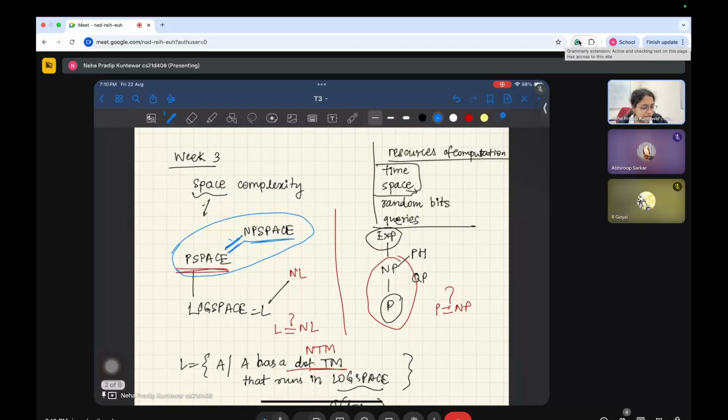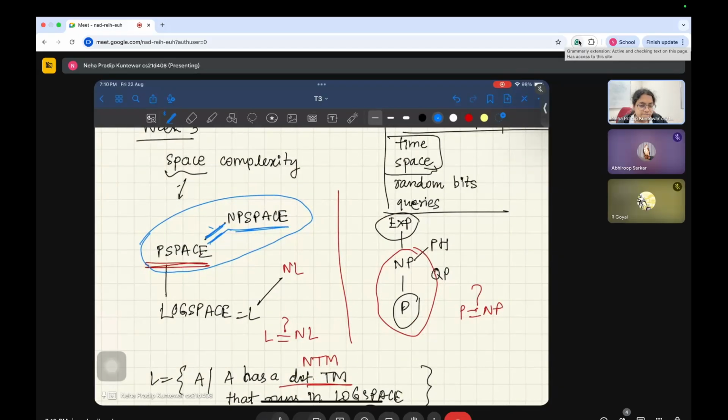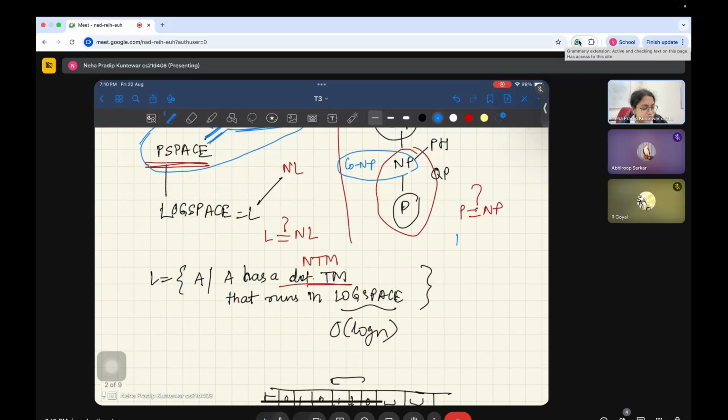One more class that we had seen earlier was the complement of the NP class, which is co-NP. It is another big open problem whether P is equal to co-NP.